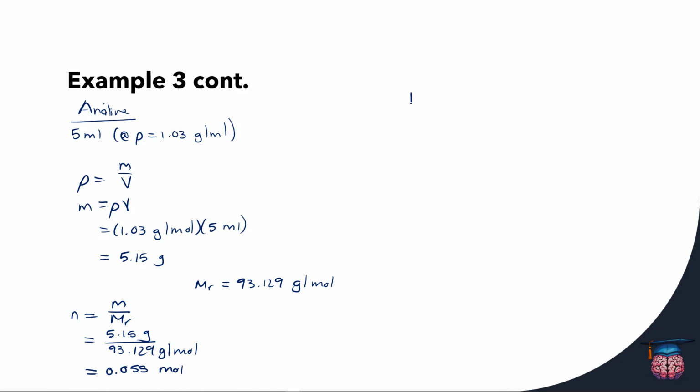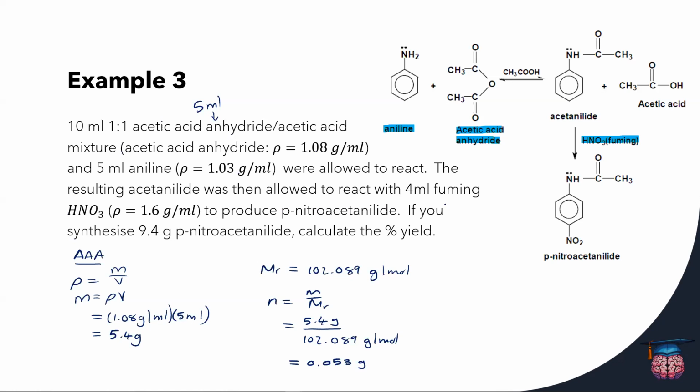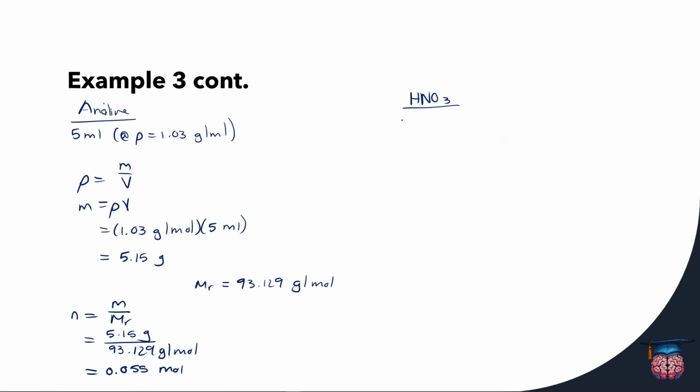Lastly, we have the fuming nitric acid. We had 4 milliliters of that at a density of 1.6 grams per milliliter. So the mass is equal to the density times the volume. This gives us 1.6 grams per milliliter multiplied with 4 milliliters, which gives us 6.4 grams.